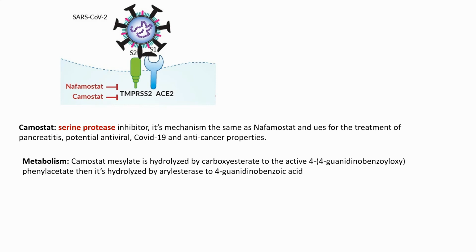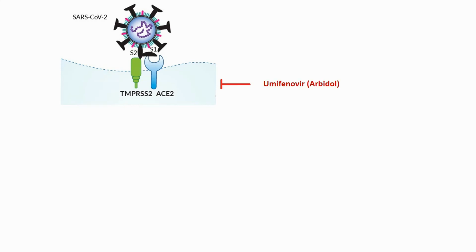This is the first product, then it can convert to 4-guanidinobenzoic acid, the same metabolic product as nafamostat. And mainly we can use an oral dose between 300 to 600 milligrams per day.